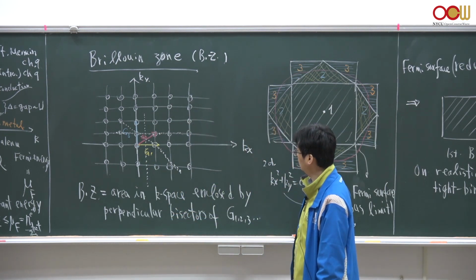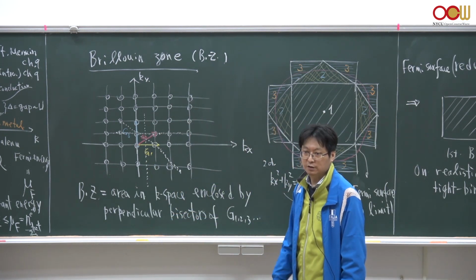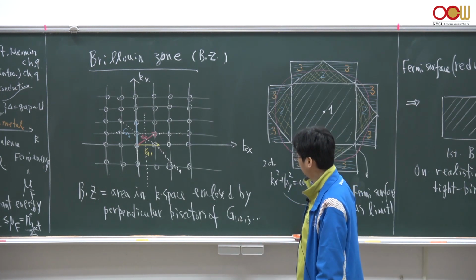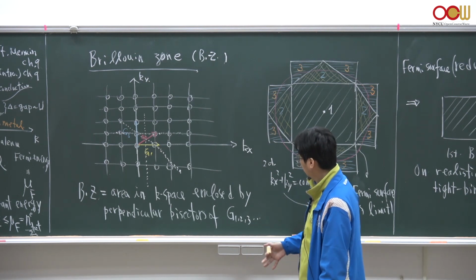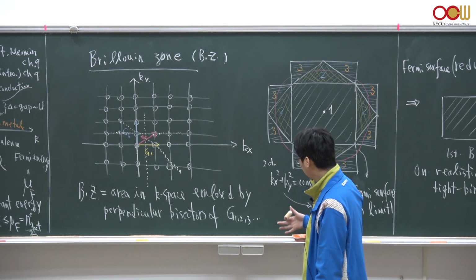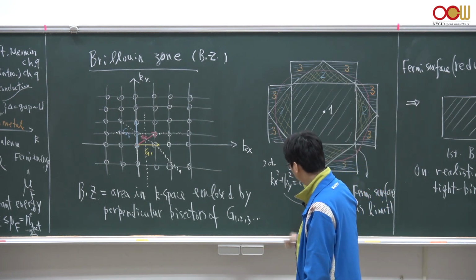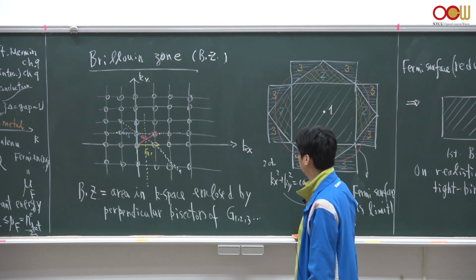Okay, G1, G2, and G3 follow the same definition that we defined earlier for the reciprocal lattice vector. So the Bloch zone is the area in the K space that is enclosed by perpendicular bisectors of those G vectors, G1, G2, and G3.